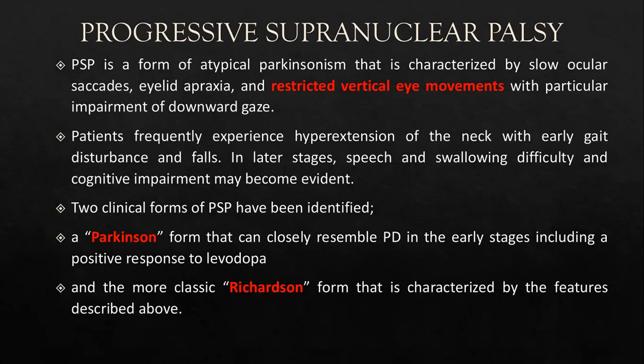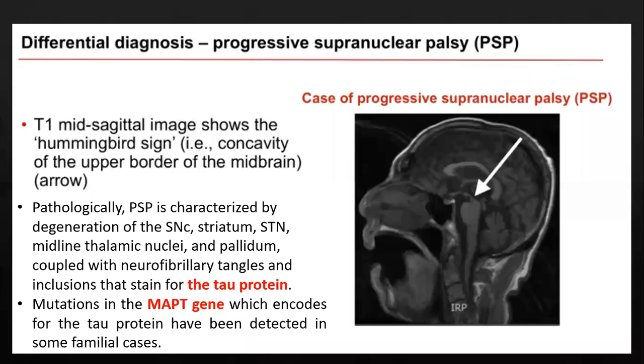There are again two different clinical forms. One is the Parkinson form that can closely resemble Parkinson's disease in early stages, including positive response to levodopa, and the more classic Richardson form, which is characterized by the features described above. PSP is pathologically characterized by degeneration of the substantia nigra, striatum, subthalamic nucleus, midline thalamic nuclei, and pallidum, coupled with neurofibrillary tangles, that is, tau protein formation is seen.